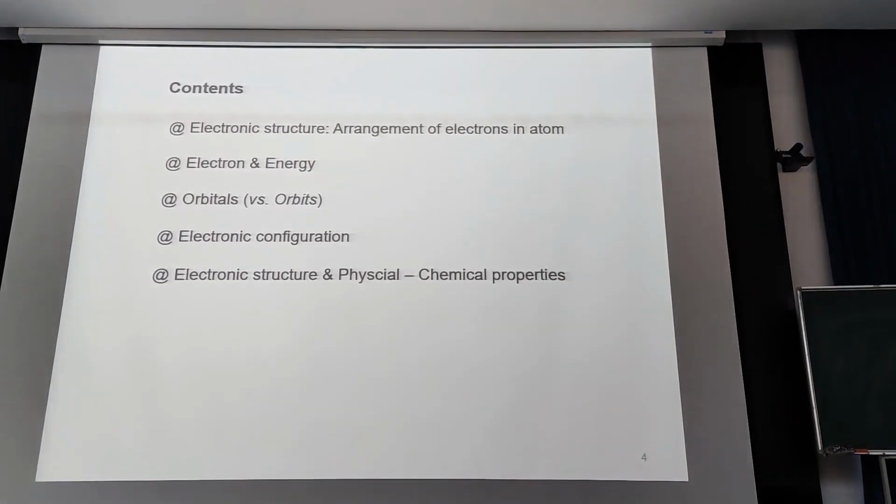But with an orbital, you cannot know the position of the matter precisely, you can only know the probability of finding it. Then we talk about the electronic configuration, the arrangement layer by layer, and the relationship between electronic structure and physical and chemical properties.